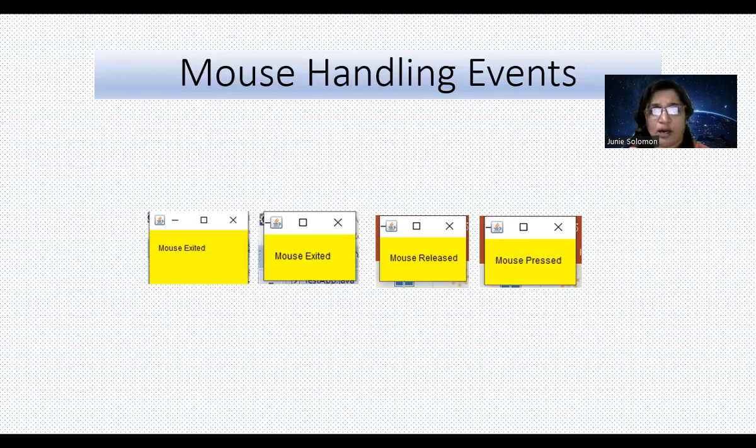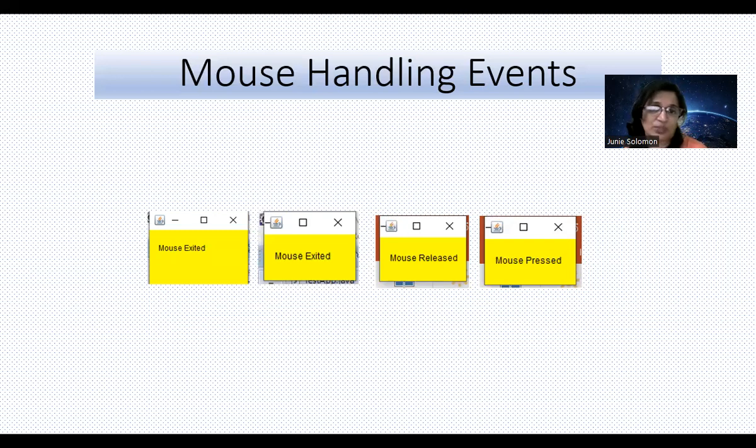Even for certain other steps an action event can happen, and mouse handling is handled only for the mouse. We have so many events like that. We even have keyboard events, window events, item events. So let's see this.